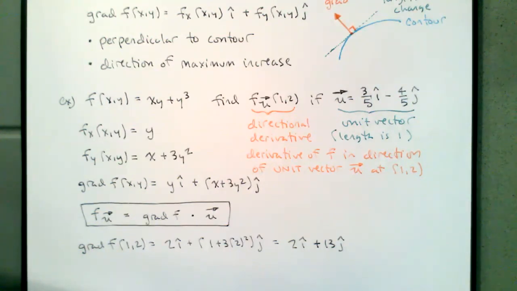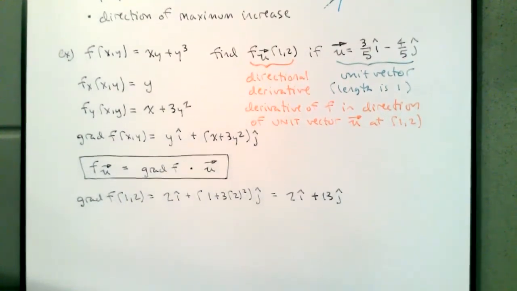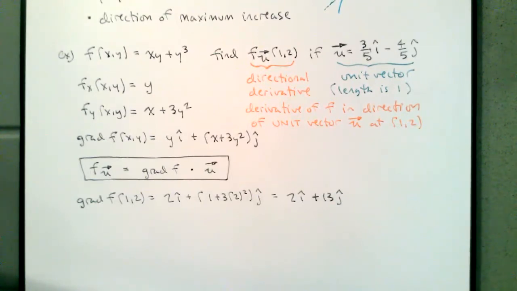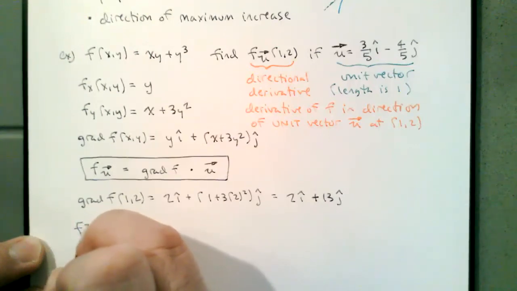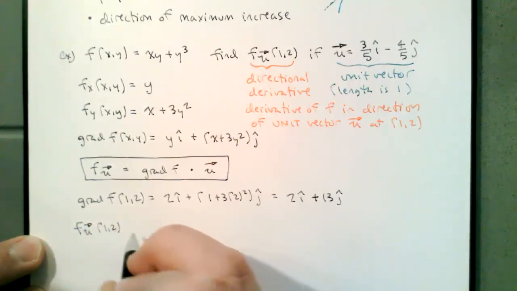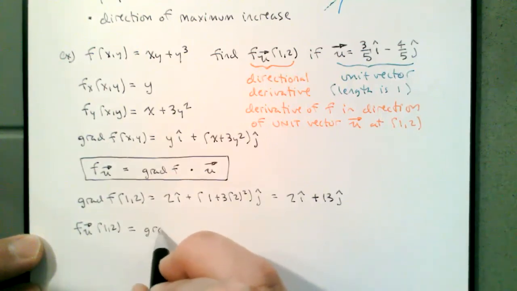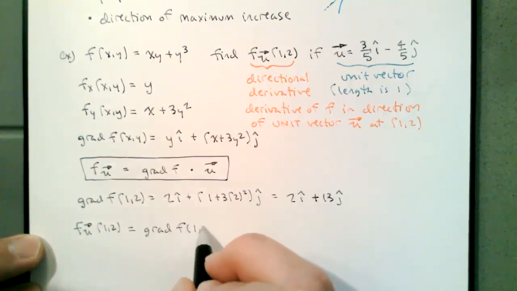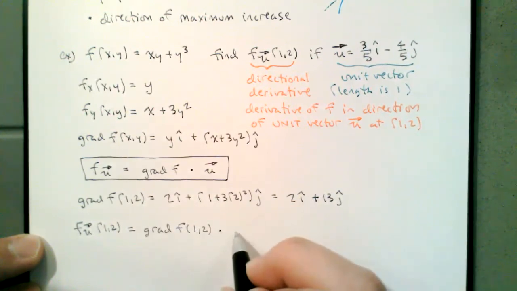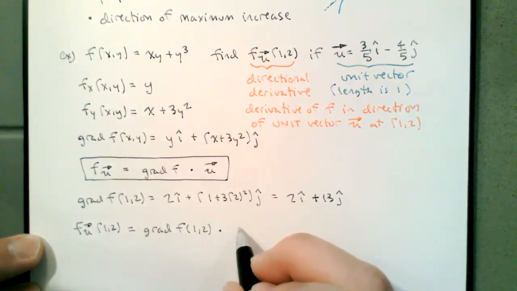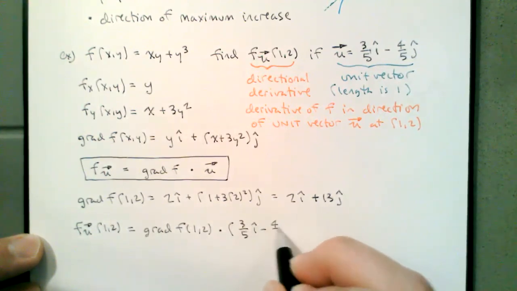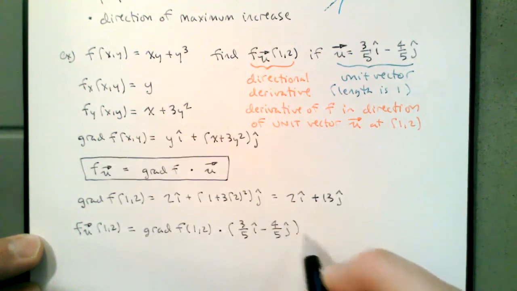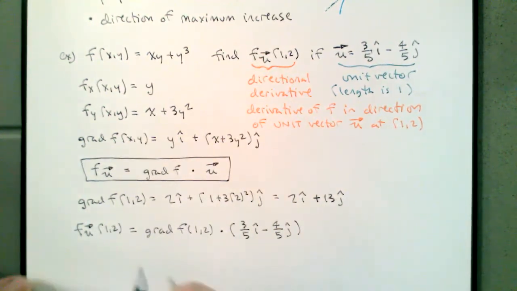So the directional derivative of f, the derivative of f in the direction of unit vector u at the point 1, 2 will be the gradient of f at the point 1, 2 dot the unit vector u, which is 3/5 i minus 4/5 j.